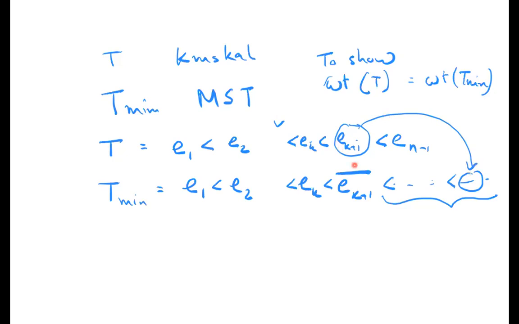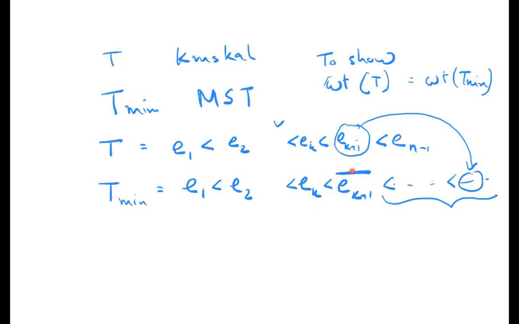That means this edge is smaller than this edge. Can that happen? If it is so, then in T, I must have looked at this edge and discarded it. Why did I discard it? Because it would have formed a cycle. So that means I have E1 to EK and this edge would have formed a cycle.